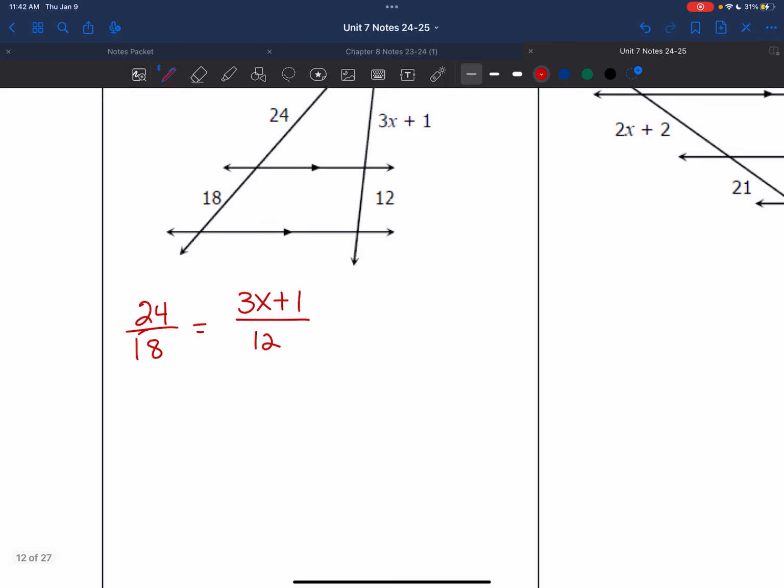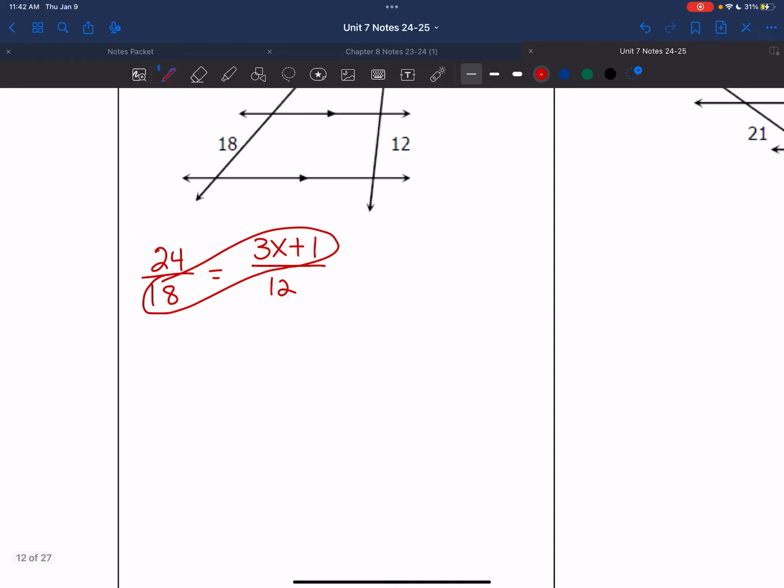I'm going to cross multiply to get rid of the fractions. And when you cross multiply and you multiply a binomial, remember that you are multiplying this 18 across all parts of the binomial. So I'm going to have 18 times 3x plus 1 equals 24 times 12, which gives me 288.